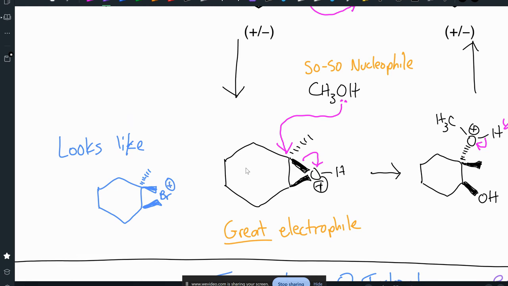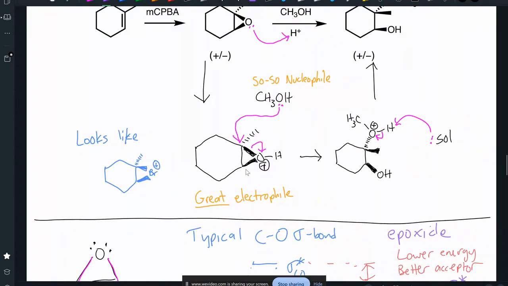When we've attacked a bromonium ion before, we've said, well, if it has a more substituted side and a less substituted side, the more substituted side is going to be more carbocation like.